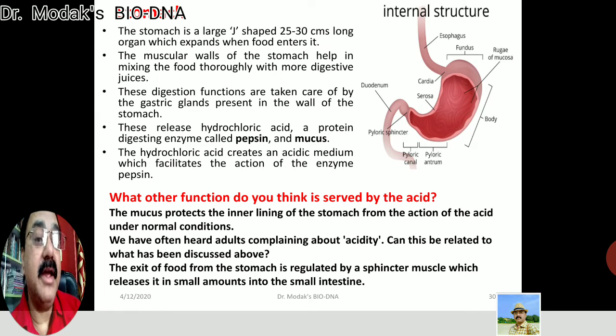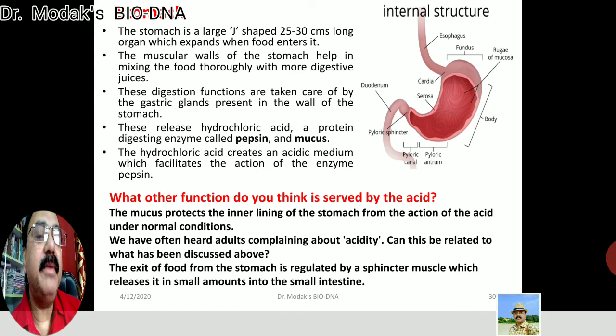Actually that means high acidity. If the food is present, then we don't feel the problem of acidity. But if the food is not there in our stomach, this acid flushes back into our esophagus and pharynx, and therefore we feel a pungent, irritating sensation.